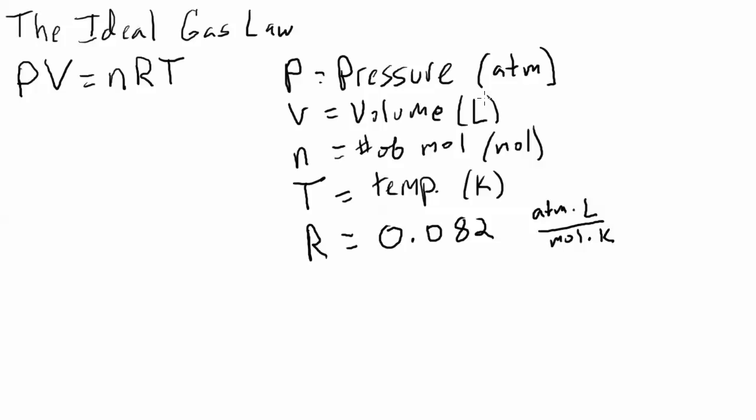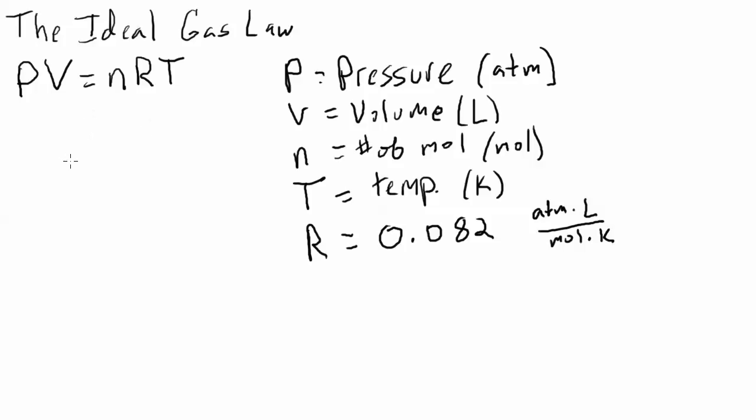And basically what's going to be happening is you'll get a problem where you're given all of these except for one, and then you'll be asked to find that one. And so what you may want to do at this point is go back and revisit how to resolve linear equations. I'm not going to go through every solution of the ideal gas law for every single variable.